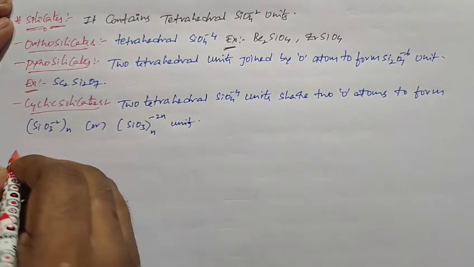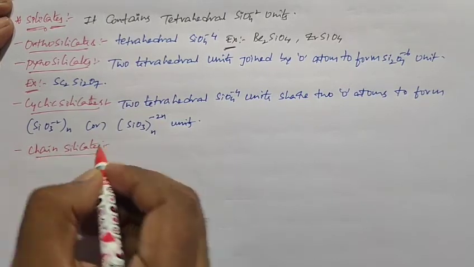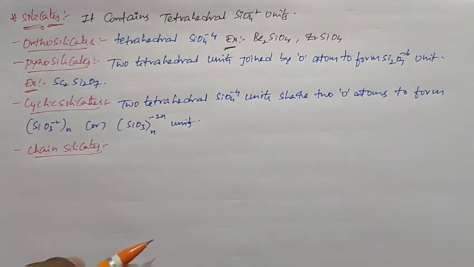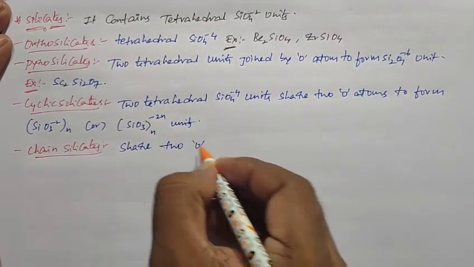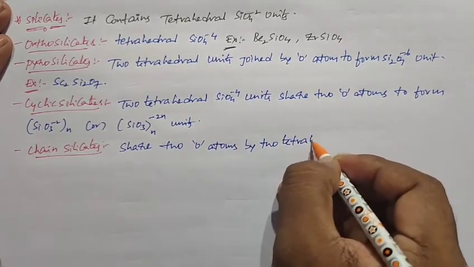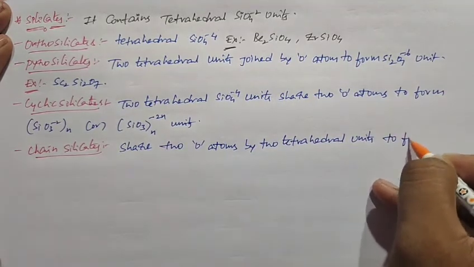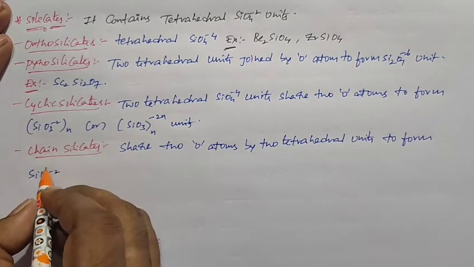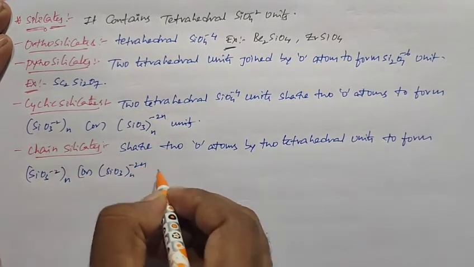Next is chain silicates. Chain silicates are formed by two tetrahedral units sharing two oxygen atoms to form (SiO3)n 2n- units.